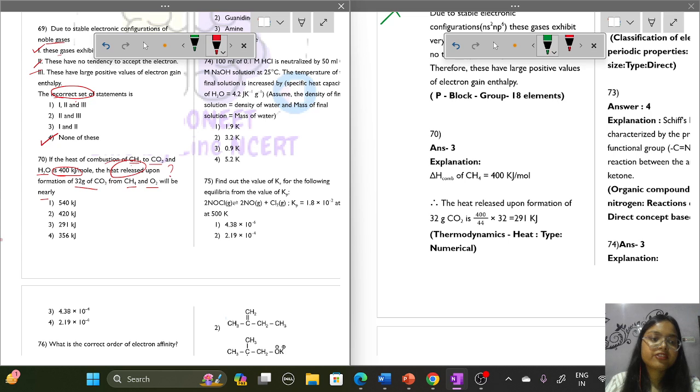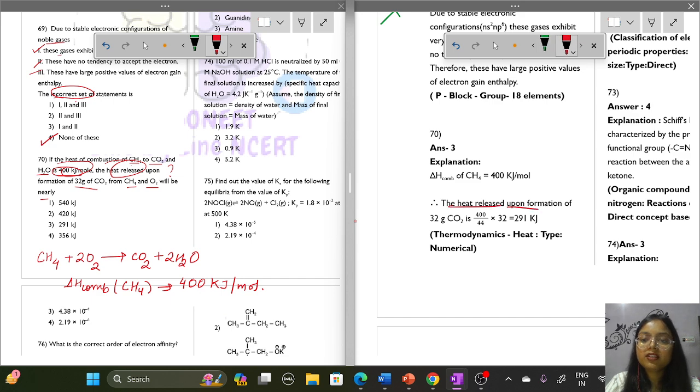So question number 70, the heat of combustion. Let us first write down the equation. Heat of combustion means CH4 reacts with 2O2 to give CO2 and 2H2O. Here the heat of combustion of CH4 is given in the question. How much? 400 kilojoule per mole is given. Now we have to find the heat released upon the formation of 32 gram of CO2.